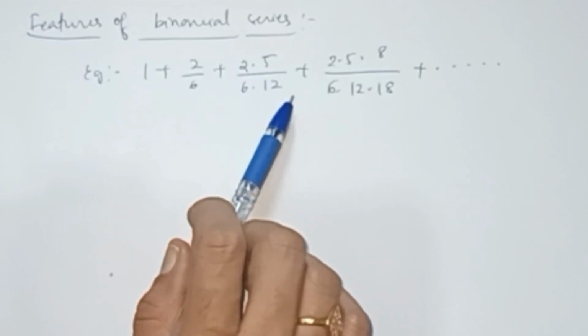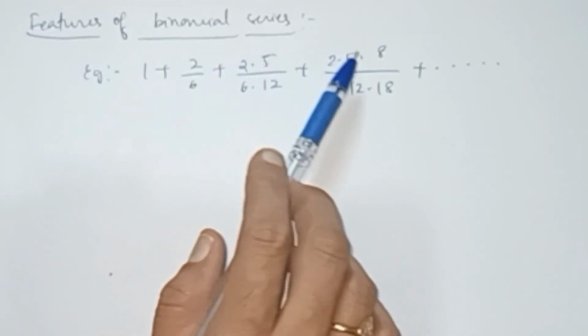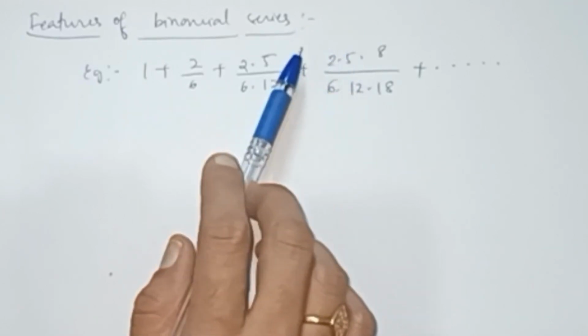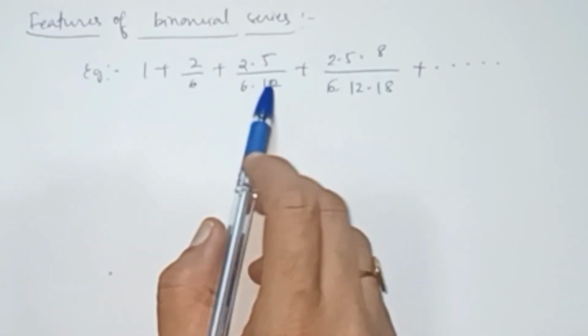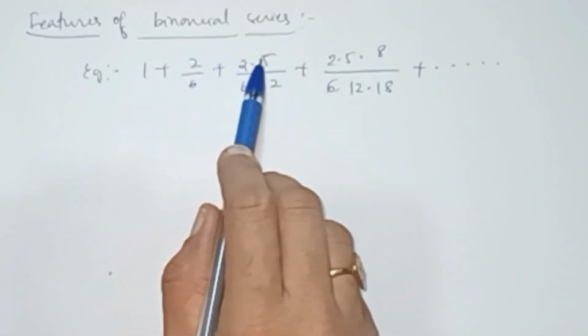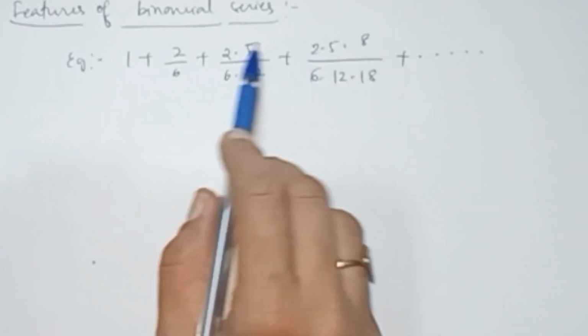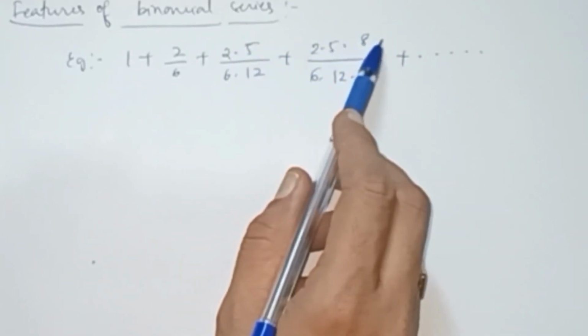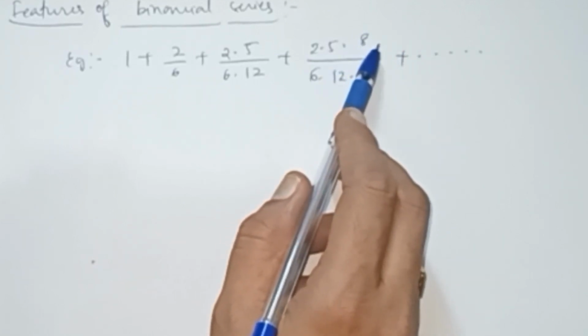Now the second feature is that the successive factors of the numerator are in AP whose common difference is the denominator of the index. The successive factors, see here, 2, 5, 8, these are all in AP. Successive factors of the numerator are in arithmetic progression. The common difference is the denominator of the index.